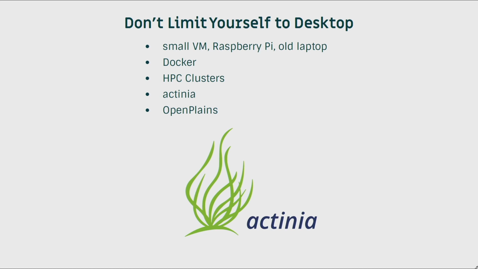So you can use those. We are also running GRASS in Docker in more cloud or reproducible settings at several institutions, including NC State. We are running GRASS on HPC clusters. And then if you are thinking about cloud, check out Actinia and OpenPlains.